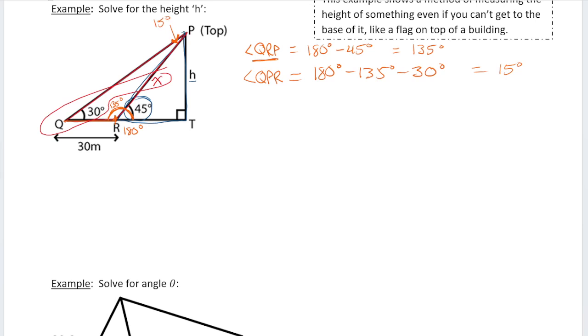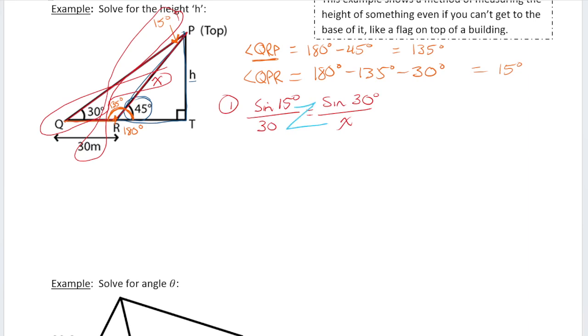And we're finally ready to solve this problem because now we have our second loopy, which is the 15 degrees and the 30. So for our first triangle, we're going to do sine of 15 degrees over 30 is equal to the sine of 30 degrees over x. And it is Z pattern.